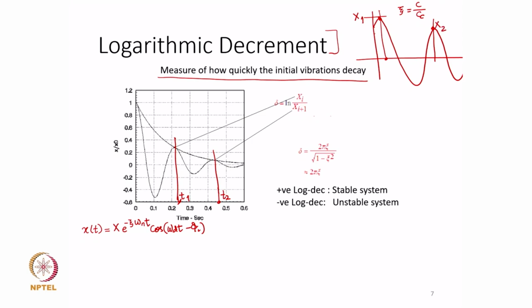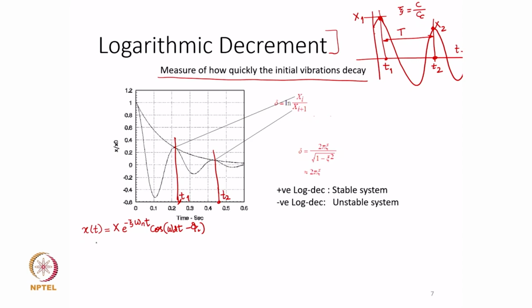So, this is the response at starting time t, and you all agree that I can set this time at any location along the time axis. So, if I call this t as t1 and this t2, x2 at time t2. You also know that the time between these two peaks is our time period of oscillation.